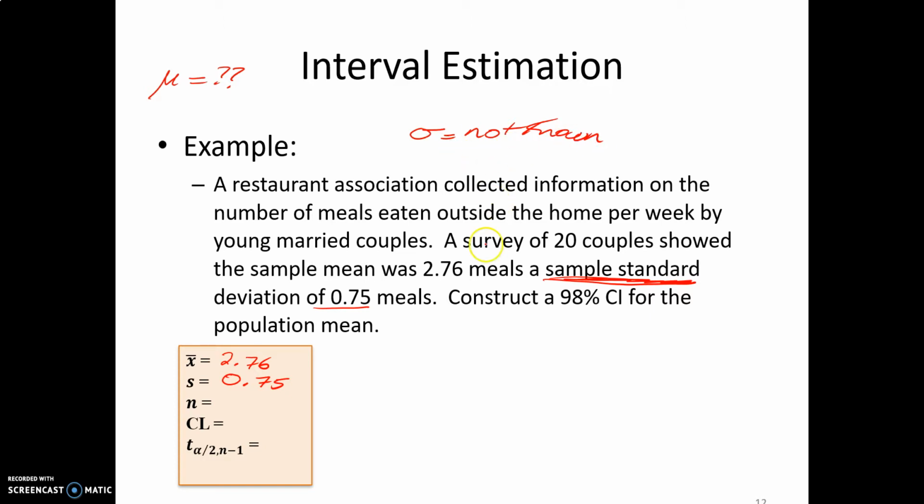Because it's not known, we then have to use the sample standard deviation. We have a sample size of 20, confidence interval 98%. So this t-value we need, written as t of alpha over 2, degrees of freedom n minus 1, is one value. This is the value we need to find. So sample size is 20, confidence interval is 98.